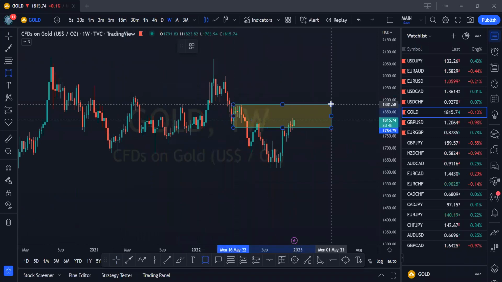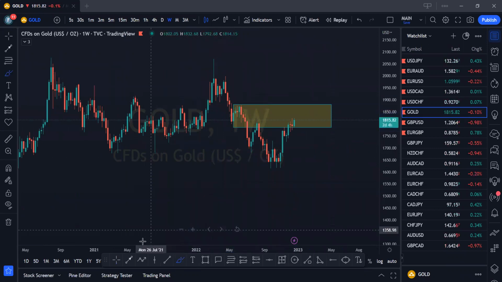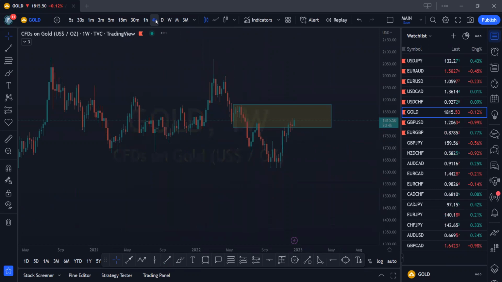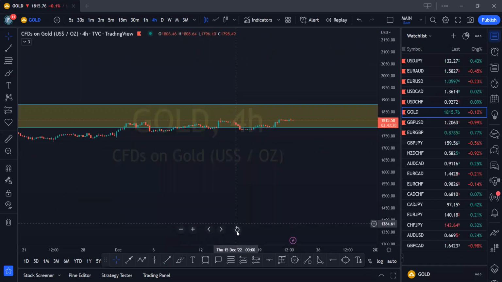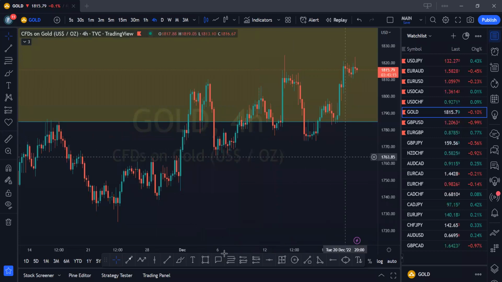Price is in a supply, taking this supply range here, and we've seen activity of liquidation here, price taking liquidity. So our bias is to find a sell opportunity. If you go to the lower time frame, like 4 hours, we want to look for sells.